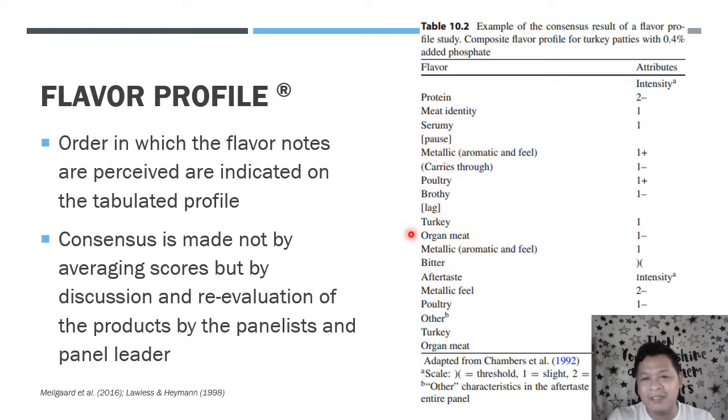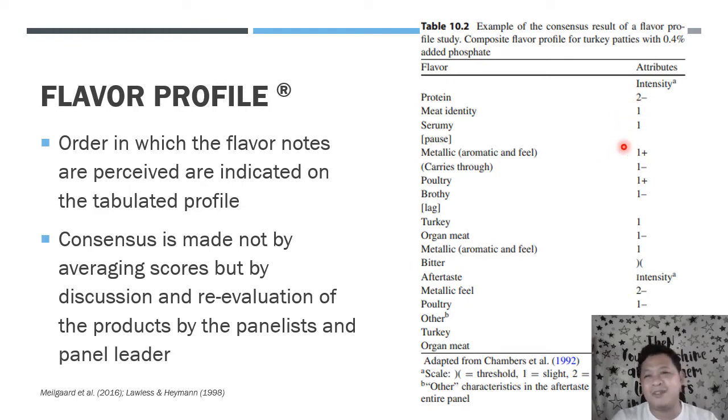So parang na-identify nila, these are the first three kapag dumampi sa dila mo, and then after a while merong iba kang mararamdaman hanggang sa ma-feel mo yung huli, which is organ meat. And as you can see, merong mga plus minus yan. So parang nota ng piano, no? May sharps and flats, parang ganon.